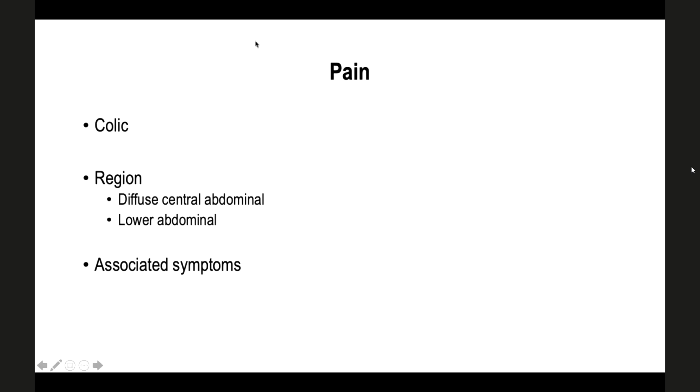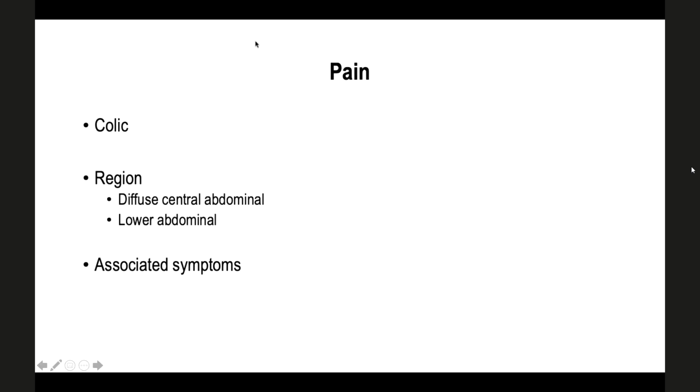Okay, so the reason for a colic is bowel, intestine and smooth muscle spasm. But how would a patient describe a colic? What is it like? A rhythmical tidal pain.